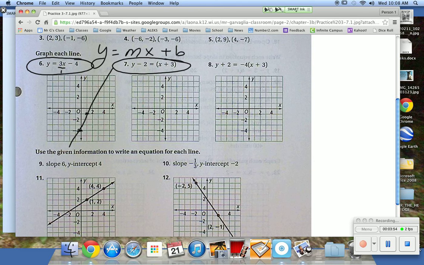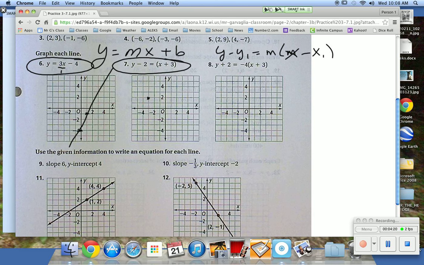We're looking at the point slope formula. Y minus y1 equals m times x minus x1, right? We don't have to do anything. It tells us. We're looking at 2 here, right? Minus y, this is the minus 2. We're looking at a minus 3 here. So if we go up 2 and minus 3, there's our first point.